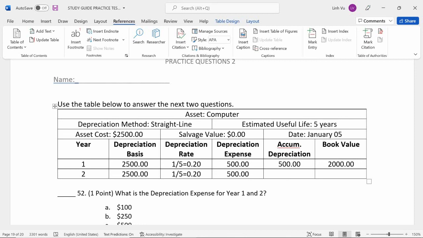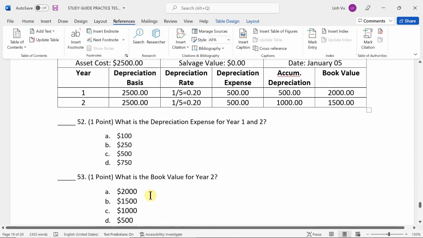Now you have a previous balance plus your current. So what should be your accumulated depreciation for year 2? 1,000. So therefore, what should be your book value? 1,500. Good, right? You take 2,500 minus the accumulated depreciation of 1,000, and that should give you a total of 1,500.